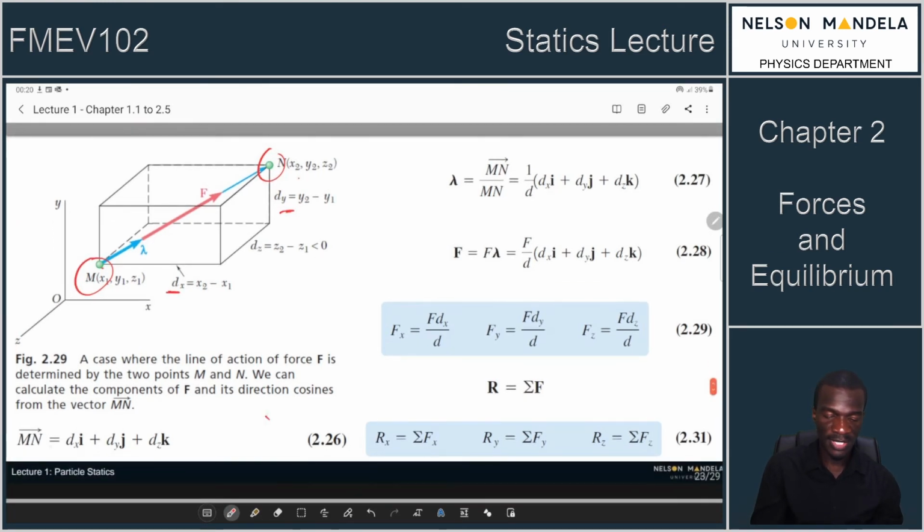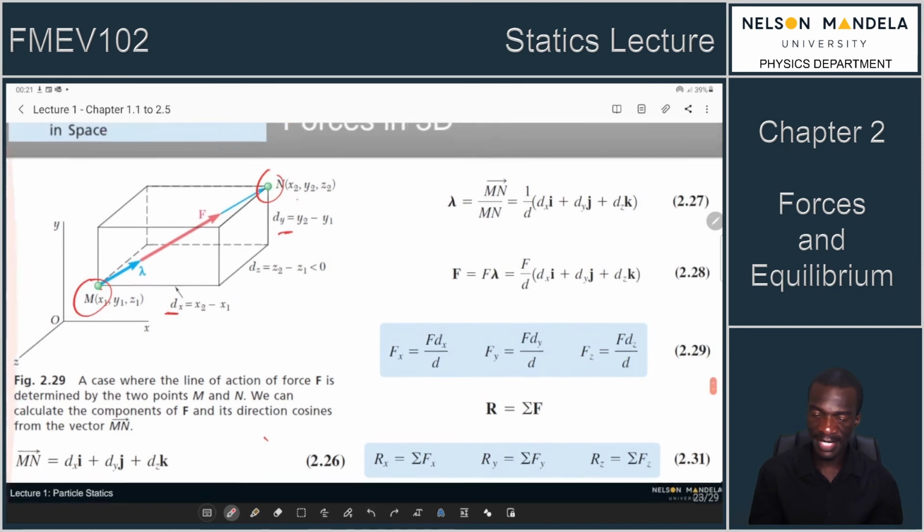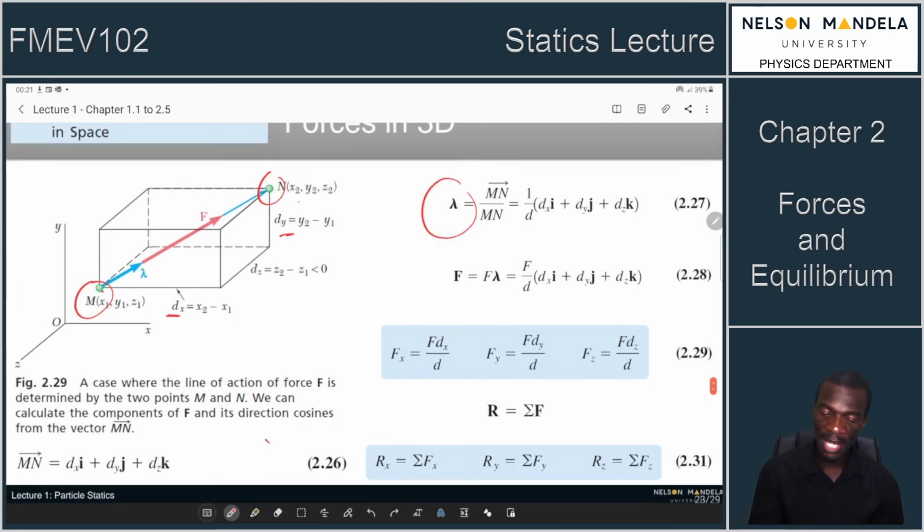In other words, your vector MN is the first and important vector to obtain. When you have that vector MN, you can now define lambda. Lambda is simply a ratio between the vector and its magnitude. So for you to find lambda, or the unit vector in any direction, all you need to do is to find the vector between those 2 points.